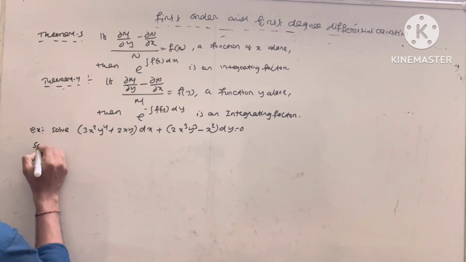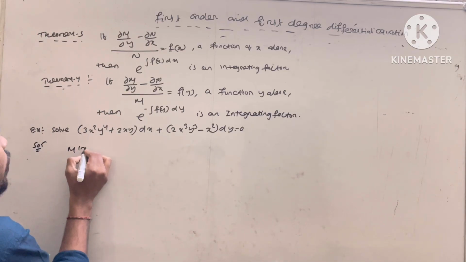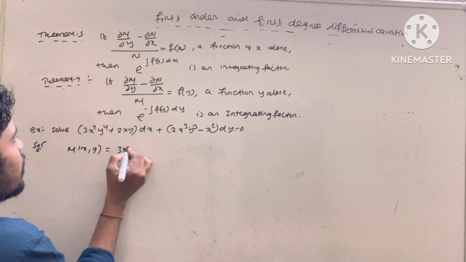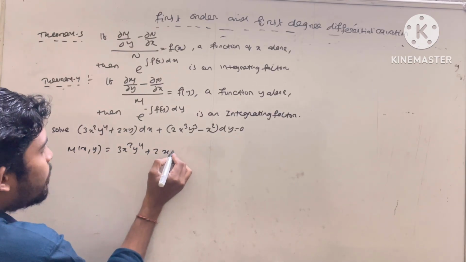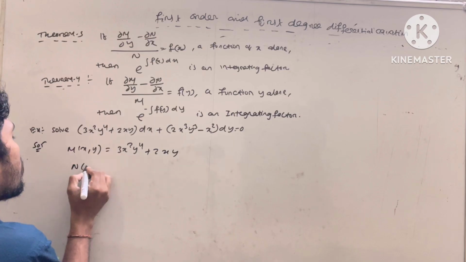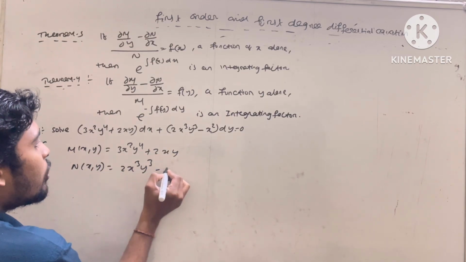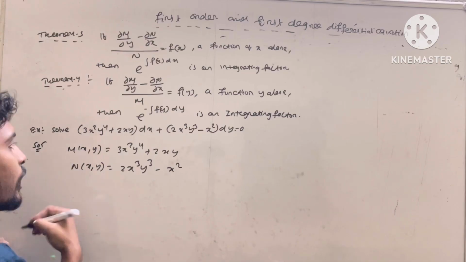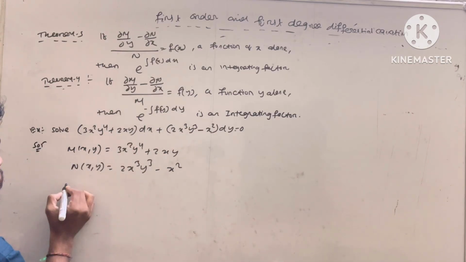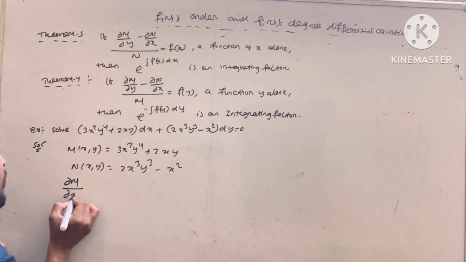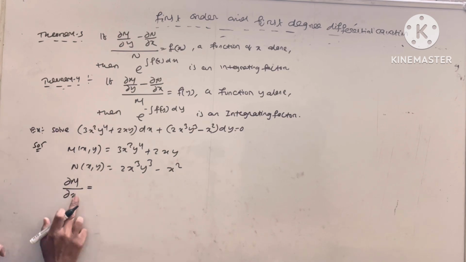Let's look at the solution. So here M of xy is what? This is M of xy, 3x square y to the power 4 plus 2xy. N of xy is what? Obviously this one is 2x cube y cube minus x square. So del M by del y is what?